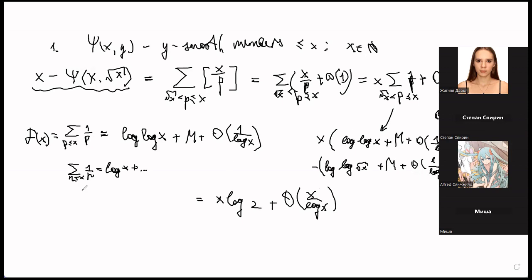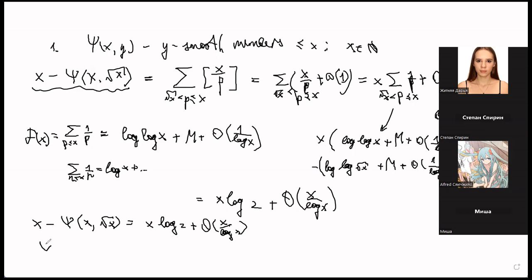And we see that x minus pi of square root of x is x logarithm 2 plus big O of x over logarithm x. And this is the asymptotic formula.